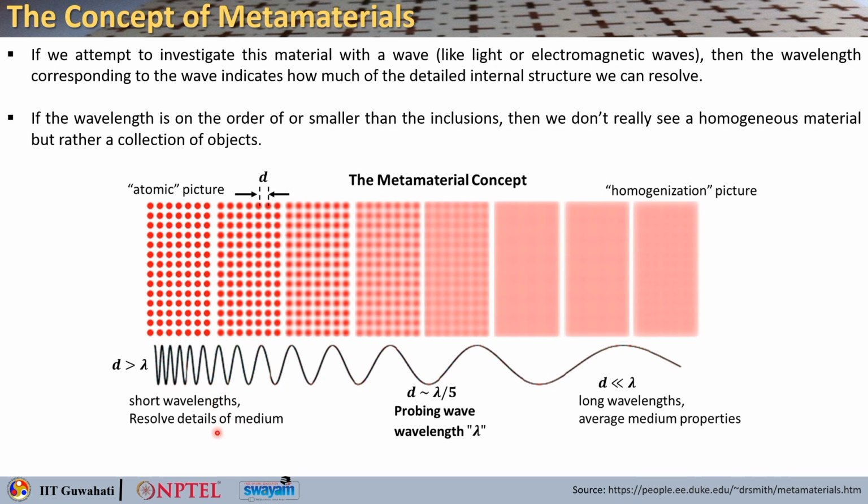Now, if the wavelength is on the order of or smaller than the inclusions, that is like this, okay, then we do not really see a homogeneous material, we rather see it in this form. We see it in the form of a collection of objects, right.